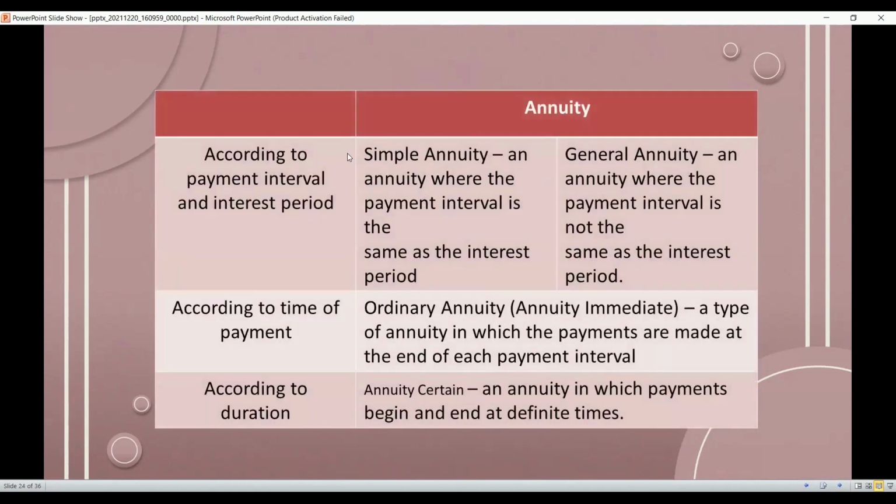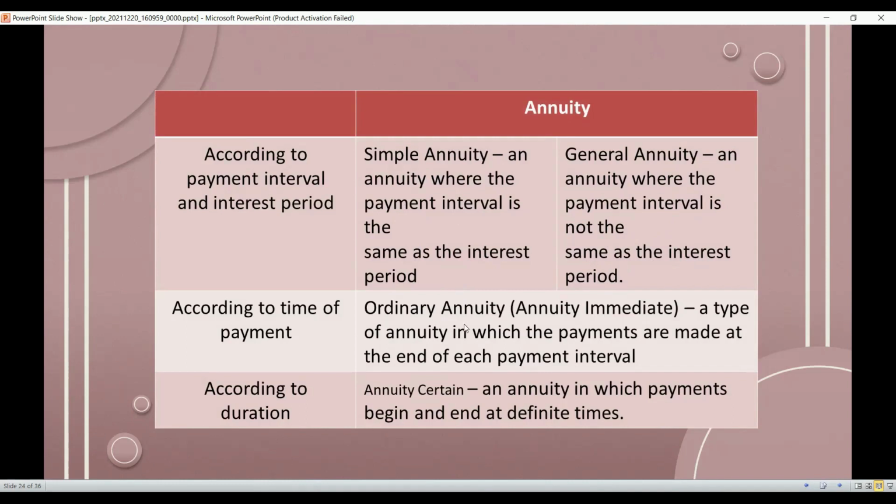Next, annuity according to payment interval and interest period. Simple annuity is an annuity where the payment interval is the same as the interest period. So, the payment interval and interest period are equal here. While a general annuity is an annuity where the payment interval is not the same as the interest period, so they are different.